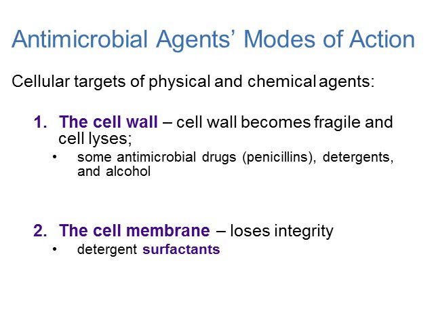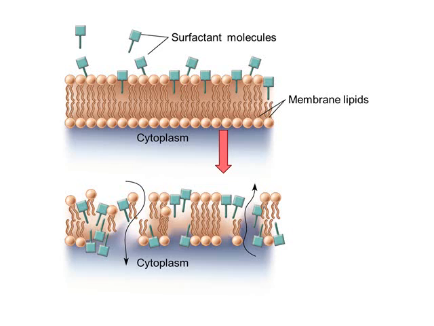Another method is that you can destroy the cell membrane. If your cell membrane falls apart, it loses integrity, and your cell is going to die. Examples of methods that work this way include detergent surfactants. These detergent molecules look very similar to phospholipids.